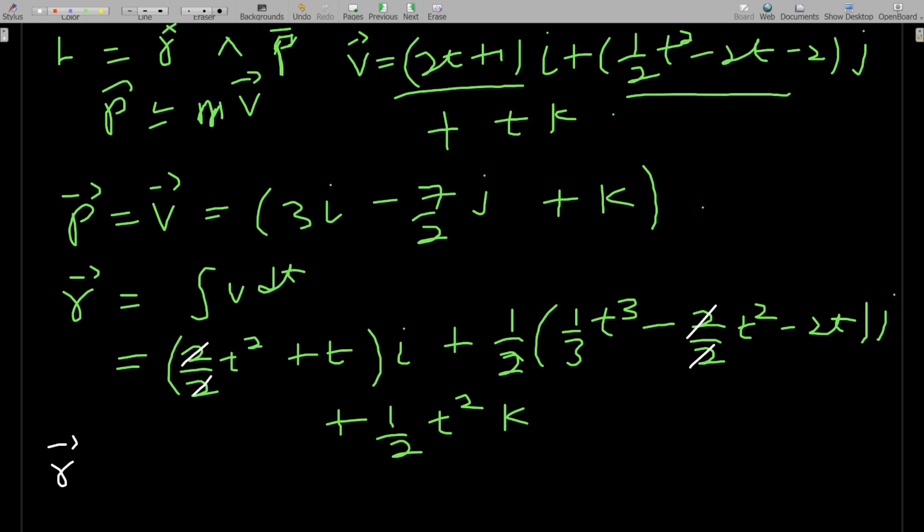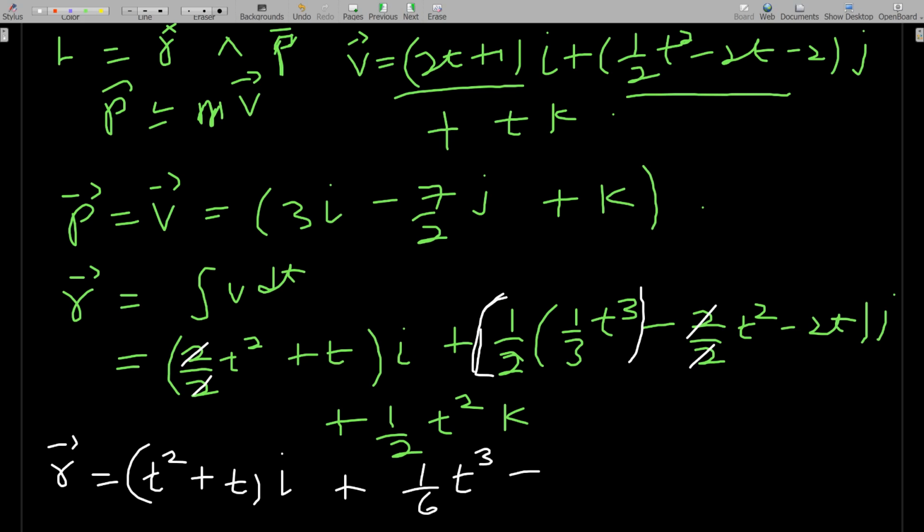So my position vector r is equal to (t squared plus t) i, plus, this one is just multiplying this, okay, plus (1 over 6 t cubed minus t squared minus 2t) j, plus 1 over 2 t squared k.